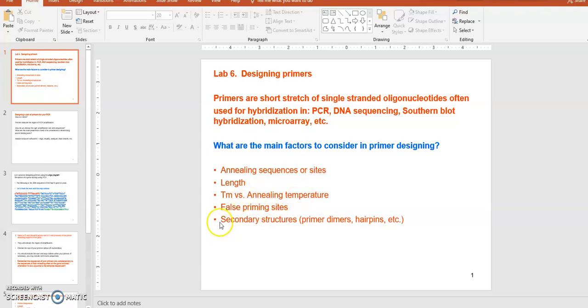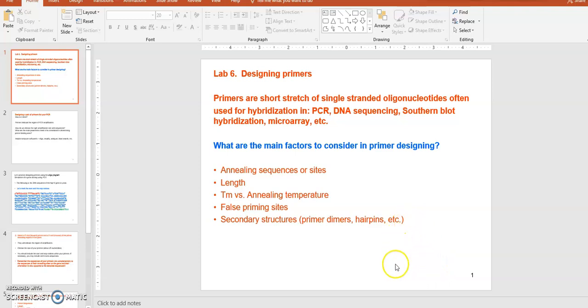And the secondary structure, what does that mean? If you have a long primer, like 21 bases long, your primer can fold up, so you can make a hairpin structure. What do I mean by folding up? Your primer is folding up because the bases within the same primer can pair up, G and C, A and T. When that happens, you can form a hairpin structure.